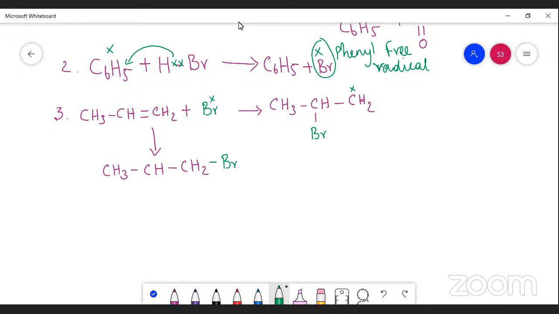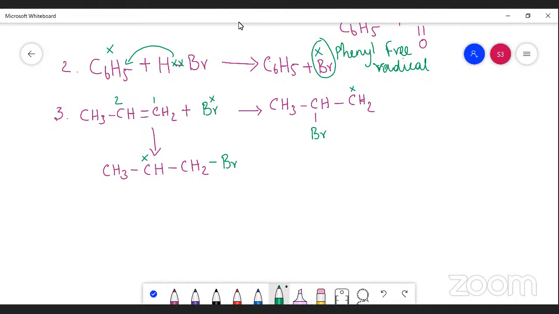So there are two possibilities. The bromine free radical may be attached to the first carbon, or it may be attached to the second carbon. Then we get two types of free radical.